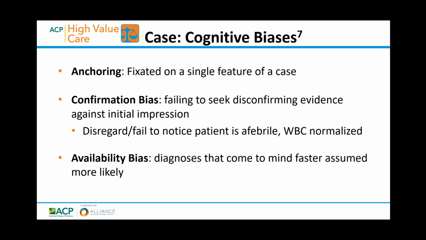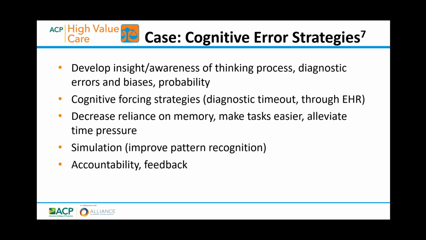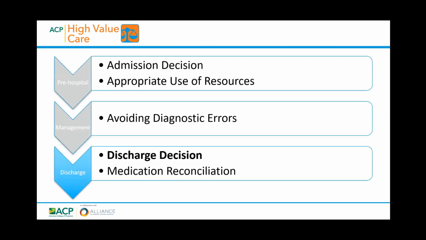That's another area of high value care that we have to work on: developing insight and awareness of our thinking processes, and making sure to check ourselves and each other as a team. That's why we take care of patients, not just one person, but many people.